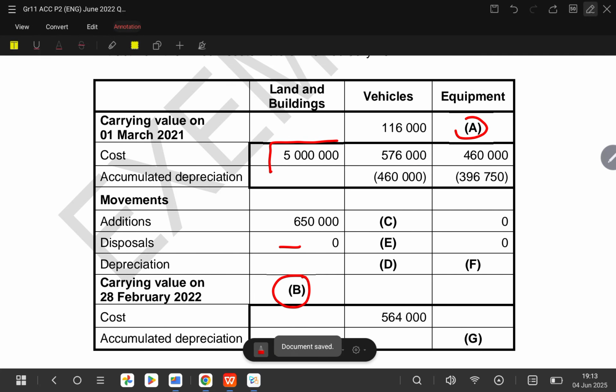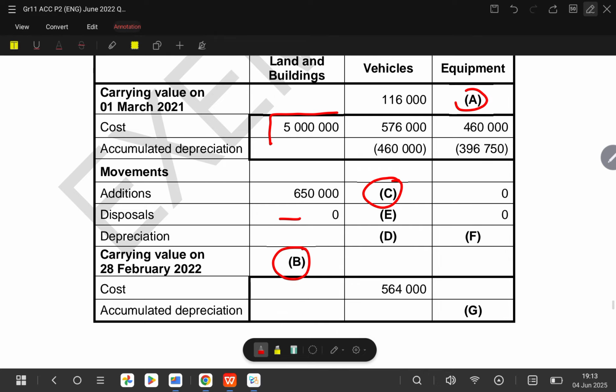Then the next one that we have to get is number C. In terms of number C, they want us to be able to calculate our addition. So what you can do, I normally use the bottom up approach when I have a question like this.